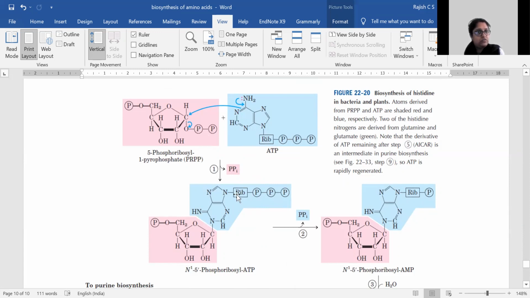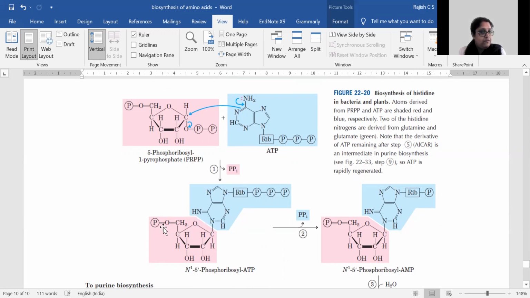So ATP is a nucleotide. It will have the adenine group, the ribose group, and the 3 phosphates.